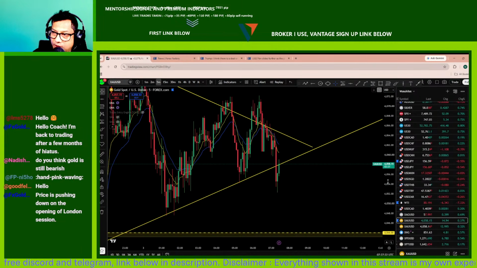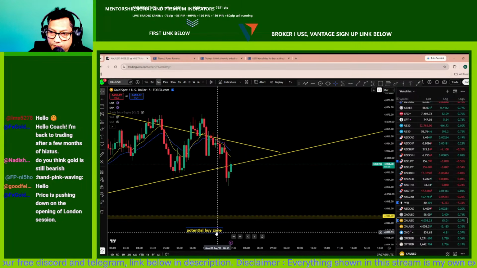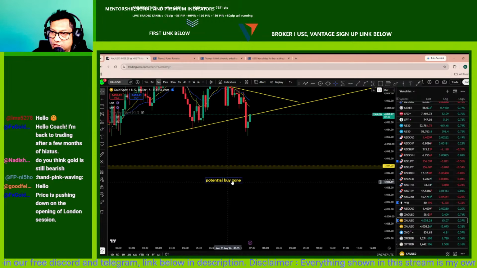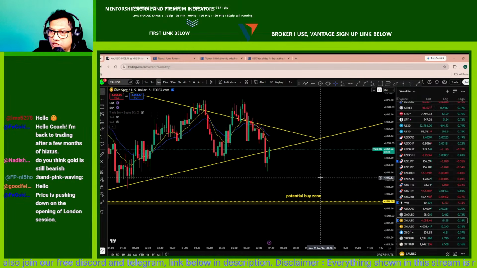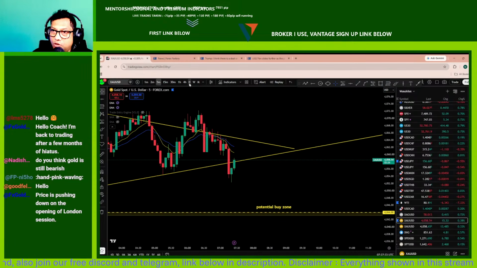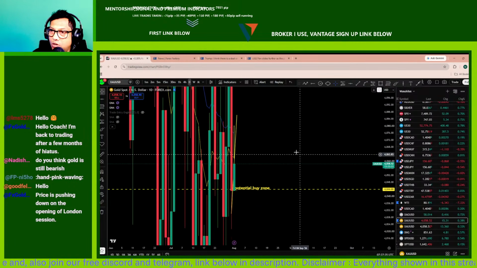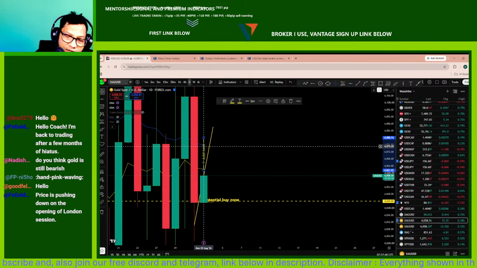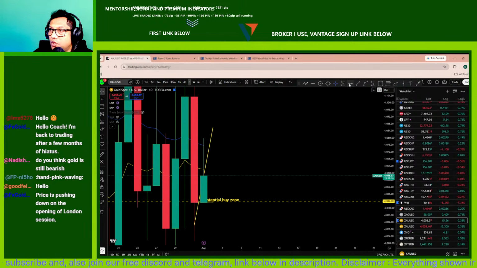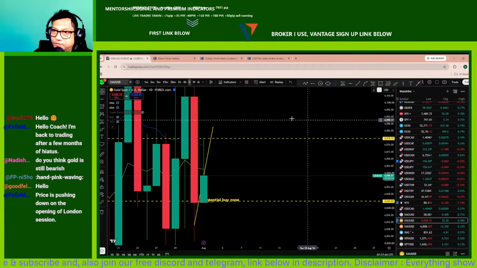It just has broken back below now. So this is our potential buy zone, which is the daily support. But if we see the market start to react, I would like to mark both daily high and low. These are the two key levels that we really need to look at for today's entry on XAUUSD.